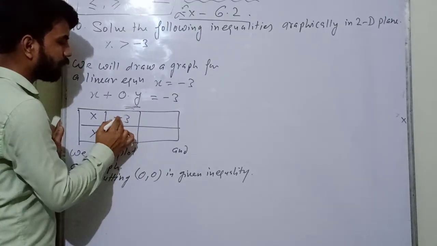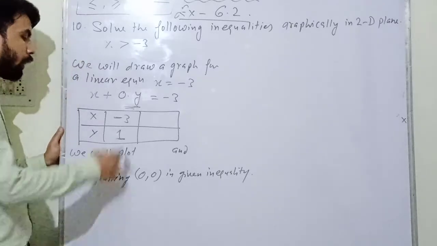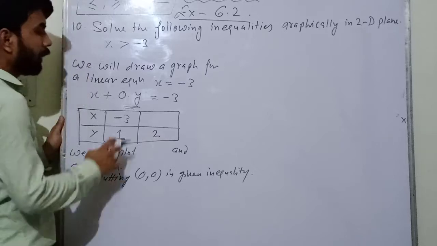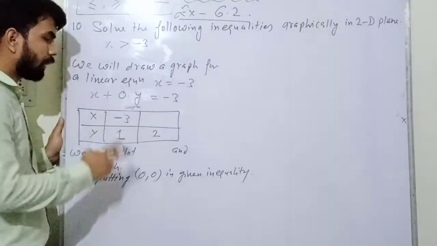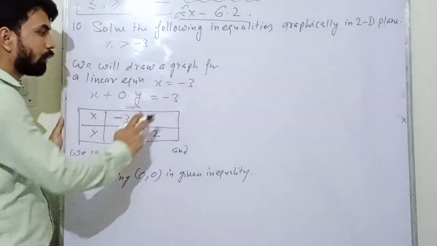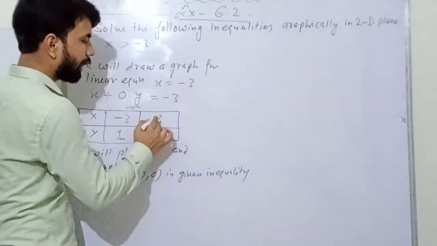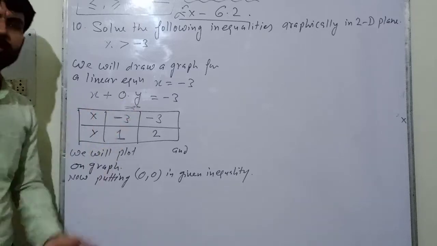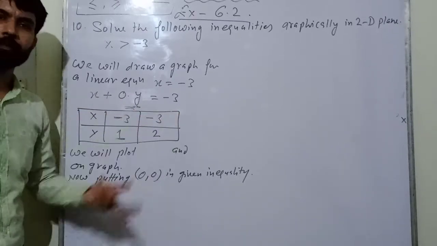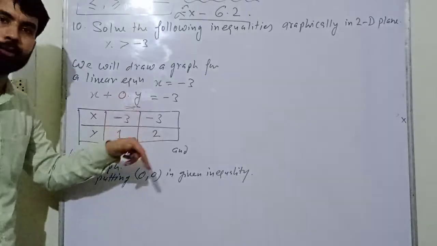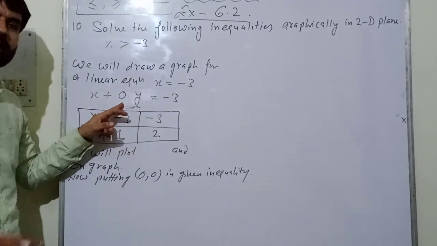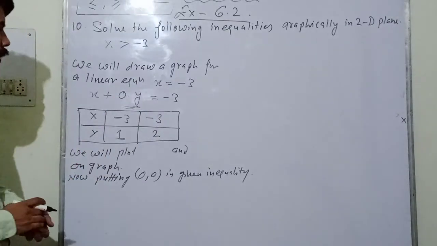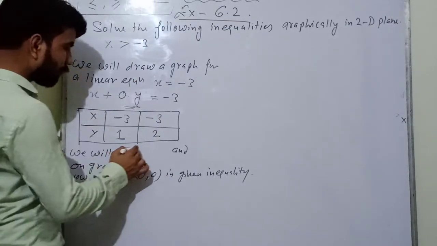The value of x will be -3. और इफ आई एम टेकिंग y इक्वल्स टू 2, then 0 into 2 is 0 and x plus 0 is x, so x is equal to what? -3. क्लियर? तो बेटा यहां पर y की कोई भी वैल्यू लगा दो, x की वैल्यू कितनी आनी है -3, बिकॉज y इज 0 into y. तो y की कोई भी वैल्यू होगी 0 से मल्टीप्लाई कराओगे 0 ही आएगा, तो x की वैल्यू कितनी आनी है -3. क्लियर?